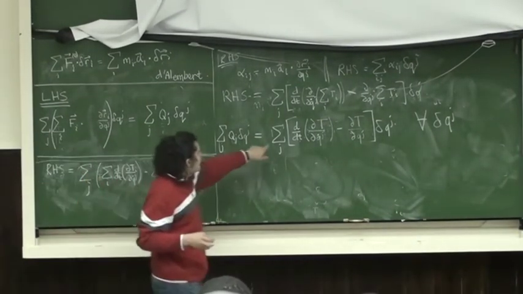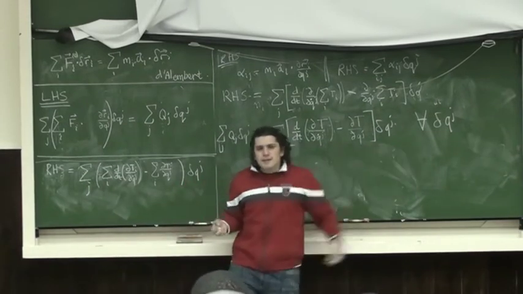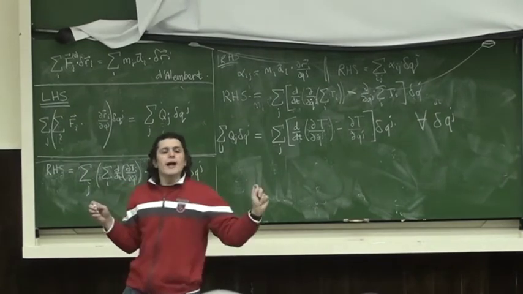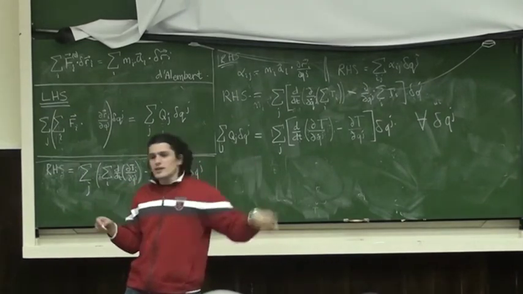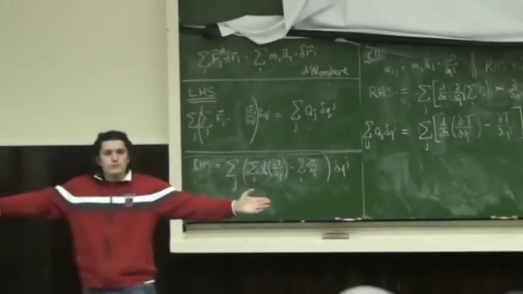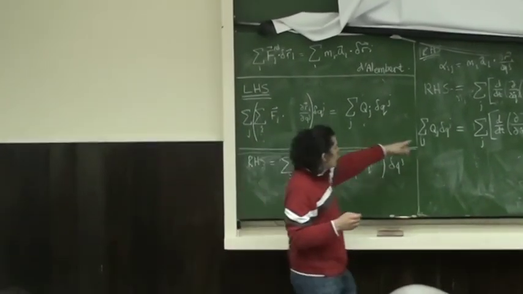I can choose my delta Qj's now. Let me choose a little displacement where delta Q1 is 1, delta Q2 is 0, delta Q3 is 0, and all the others are 0. For that displacement, what do I get?